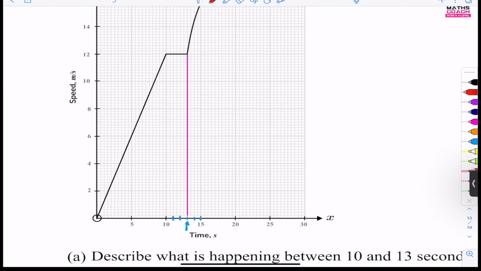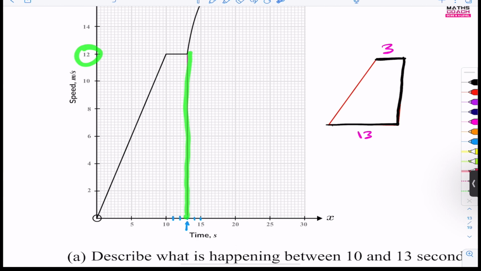So if we draw our trapezium right here, to work out the area of a trapezium, we need the side up here and the length there, and of course the height. Right, so this would be the same as that, which is 13. From here to here would be 3, because it's going from 10 to 13, so that's 3. And the height would be 12.